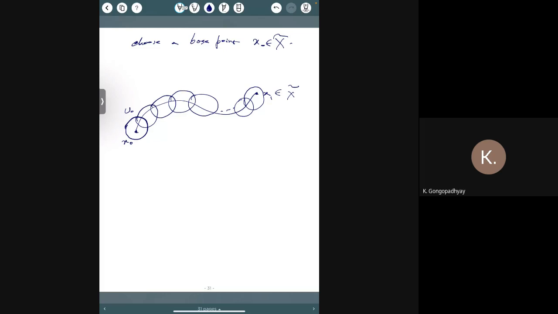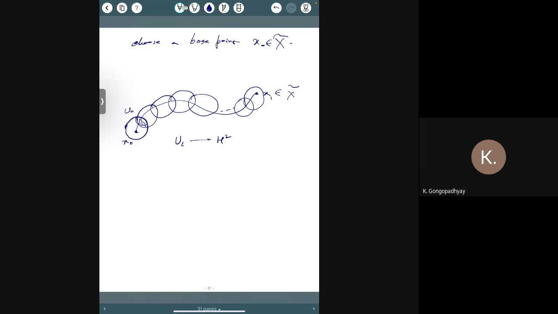Now we know that if you have a coordinate chart from ui to H2, that agrees with some element in PSL2R on the intersection.